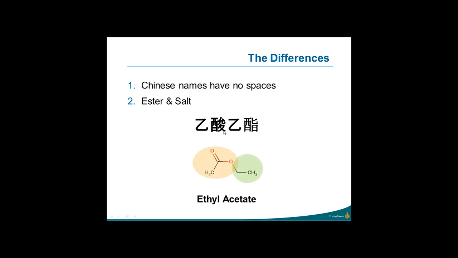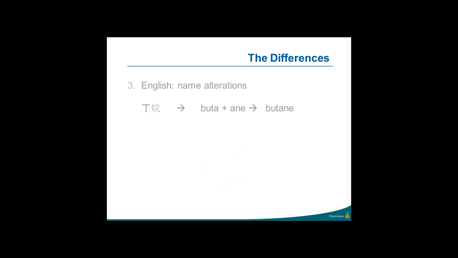For Chinese names, you say the acid part first, and then the alcohol part. But for the English name, it's reversed. You say the alcohol first, and then the acid second. This applies to all esters and salts. So we need to change our algorithm to be able to recognize these names.